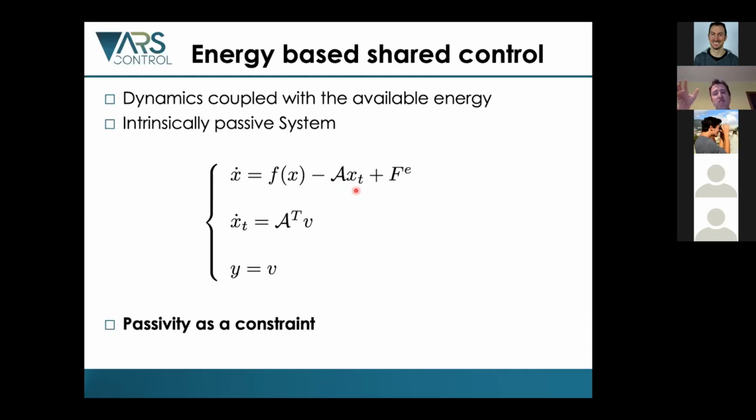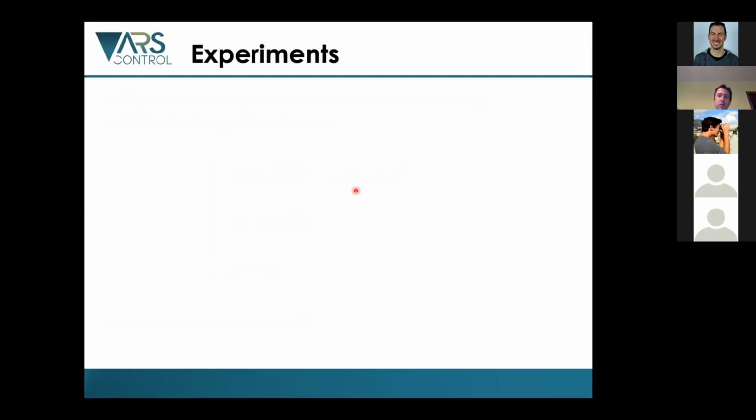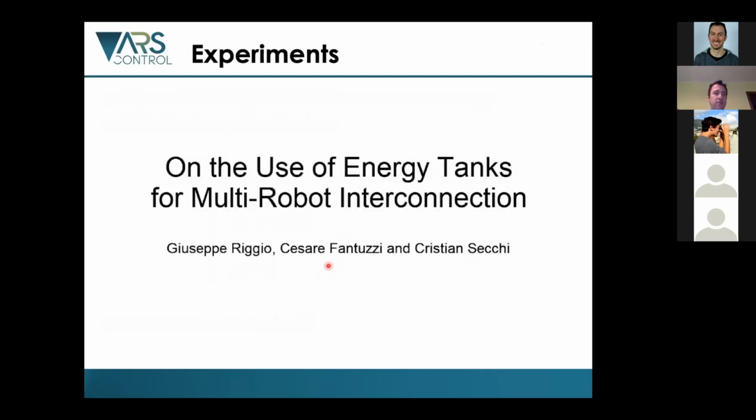So the change of perspective here with respect to standard passivity-based control is not, I design in order to be sure that I will always be passive, but to see passivity as a constraint. I do whatever I want, but I take care of an important constraint. I want to be robustly stable, and therefore I enforce passivity for achieving that. So this is a simple experiment.